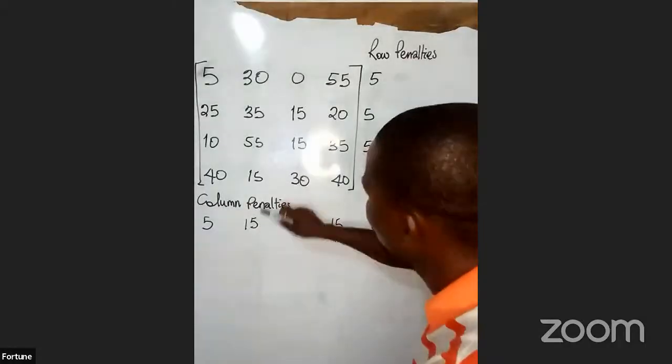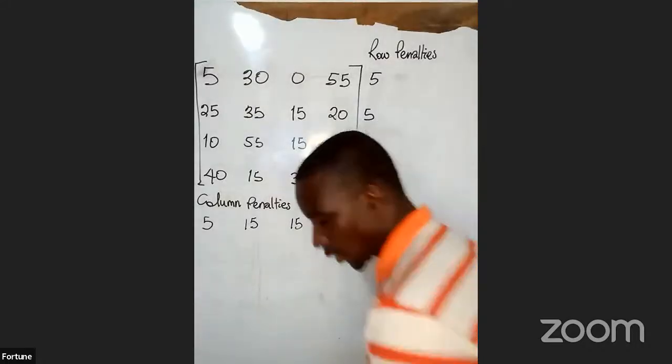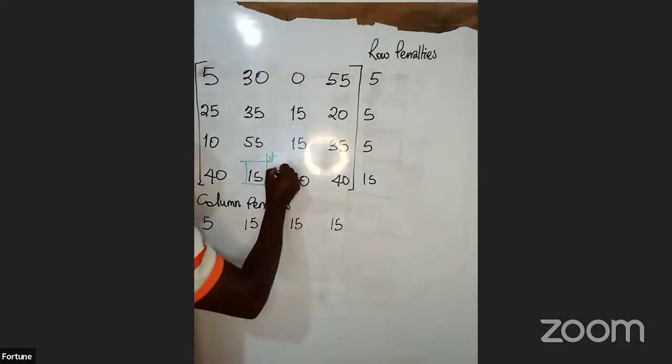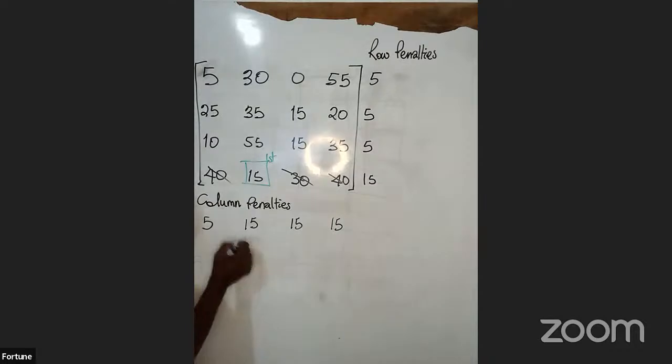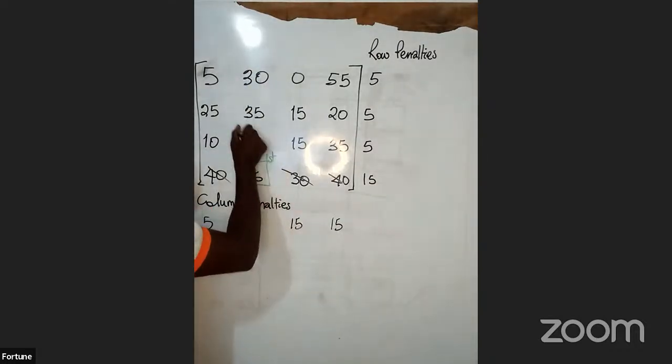So what is the list here? 15. So assign this one first. Once you do that assignment, you cancel out horizontally and vertically.